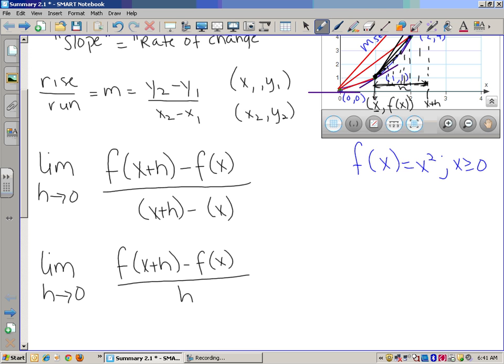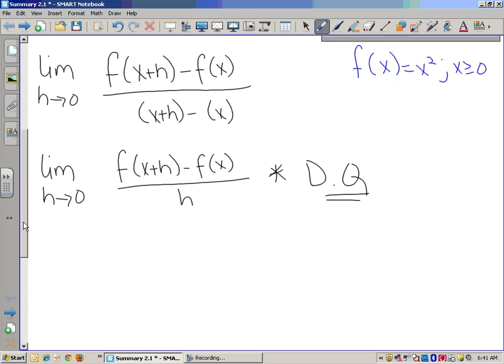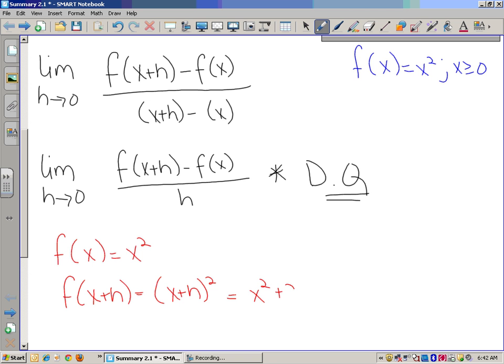Now, I will tell you this right now. This should be a review because that is your difference quotient. And if I do it the long way, remember that f of x was equal to x squared. So f of x plus h is equal to the quantity x plus h squared, and if we expand this, x squared plus 2xh plus h squared.